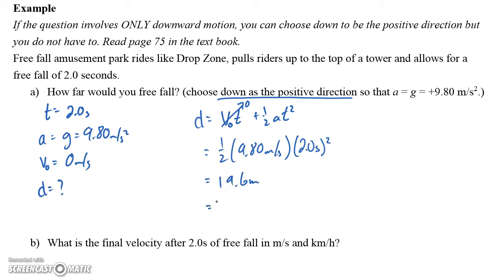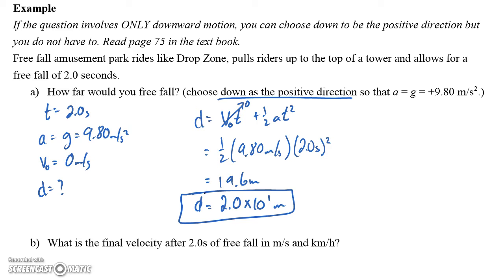But we should only have 2 sig figs because 2.0 is only 2 and we're doing multiplication, so it'll round up to 20, but we have to write it as 2.0 times 10 to the 1 meters. So there's our final answer.